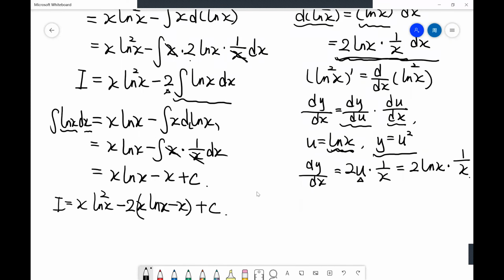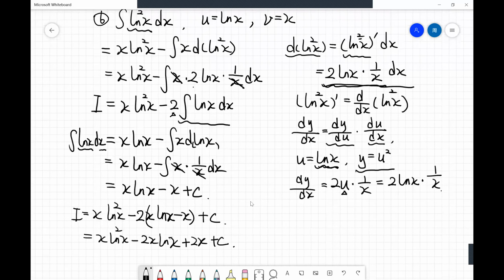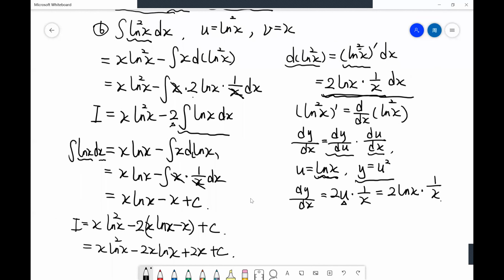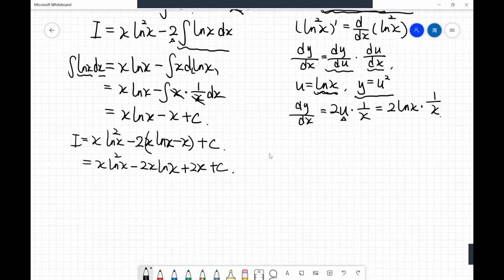So we can get x (ln x)squared minus 2x ln x plus 2x plus c here. So here is the whole solution for question number 6. Any questions here, guys? Do you have any questions? No? Okay, good.